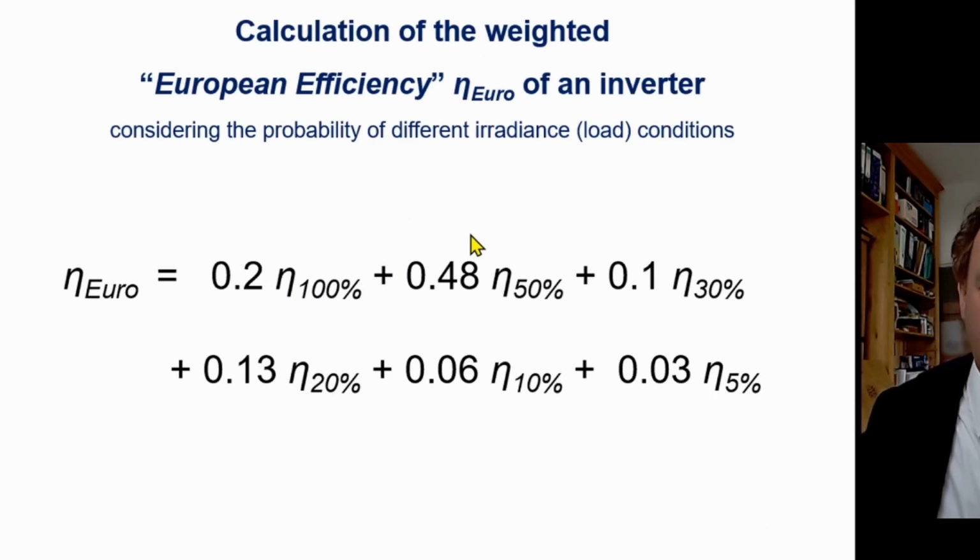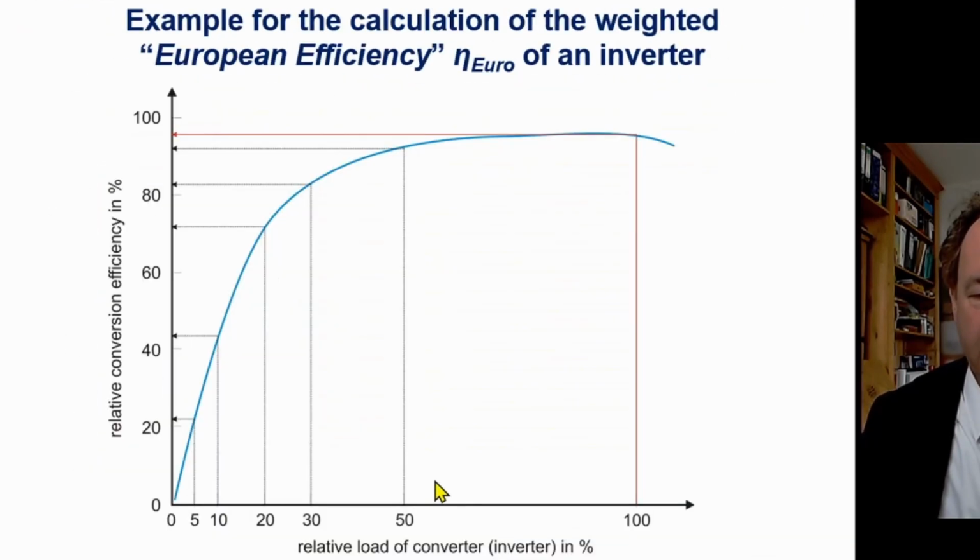This is now the formula of the standardized European efficiency. So there are different weights. To see here, most of the weight is at 50% of the nominal power. So if you go back to this picture here, it's about 50%. So this is taken into consideration the most.